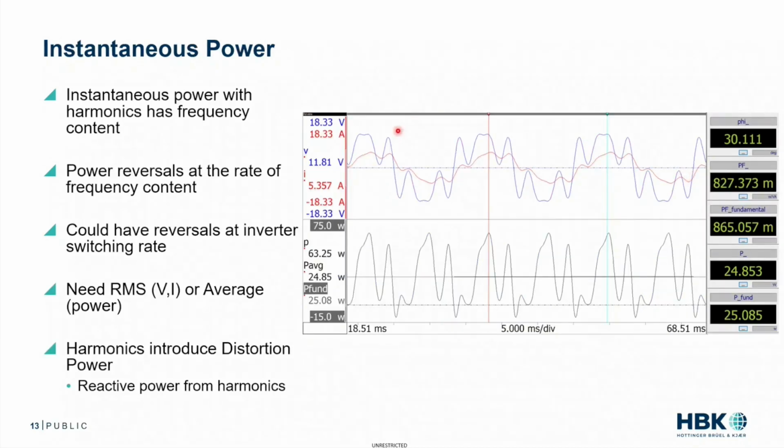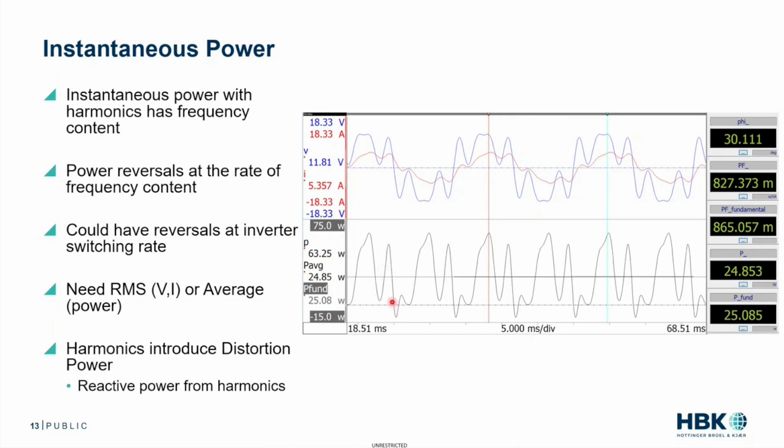So now let's look at the power, instantaneous power. The instantaneous power has that same frequency content. It's got that 5th and that 7th. I think there's a 30-degree phase shift in here. We see power reversals at the frequency rate of both of these. So we take these two frequencies, we phase shift them, and we're getting harmonics in the power at the frequency rate of the voltage and current, which I find to be pretty exciting.